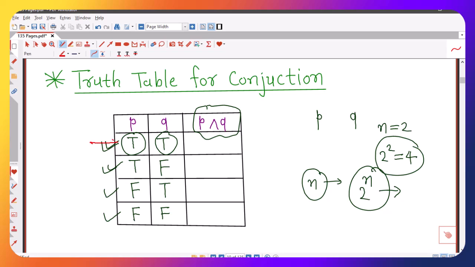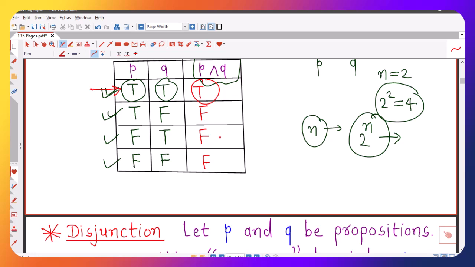So there is only one possibility in which both are true, and in the remaining possibilities we can see that at least one is false. So here I will write F, here also F, and here also F. P and Q is true whenever both P and Q are true, otherwise it is false. So this is about the conjunction logical operator.